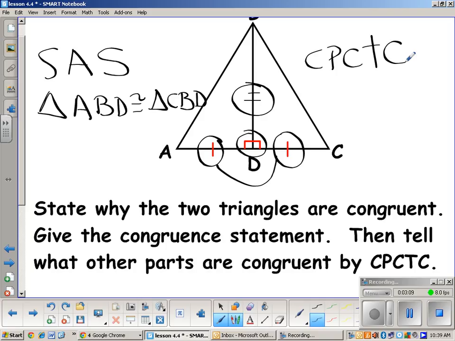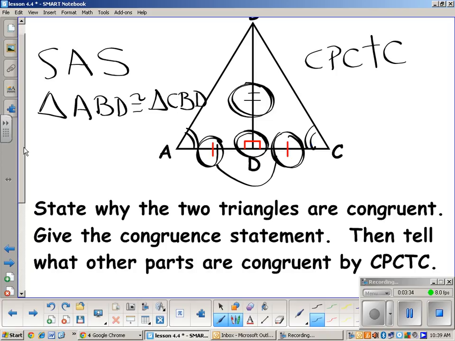So we already know that this side right here is congruent, and these two sides are congruent, and these two angles are congruent. But once we've proven that the triangles are congruent, now we could say that angle A is congruent to angle C because they're corresponding.